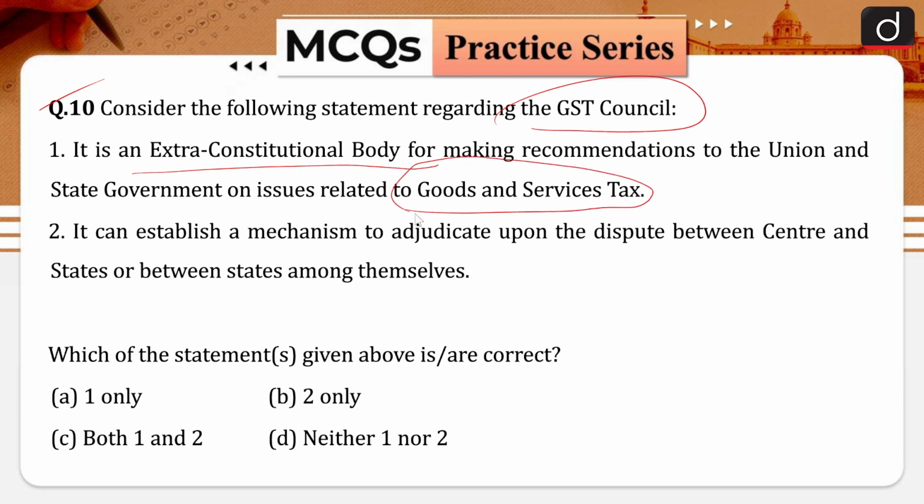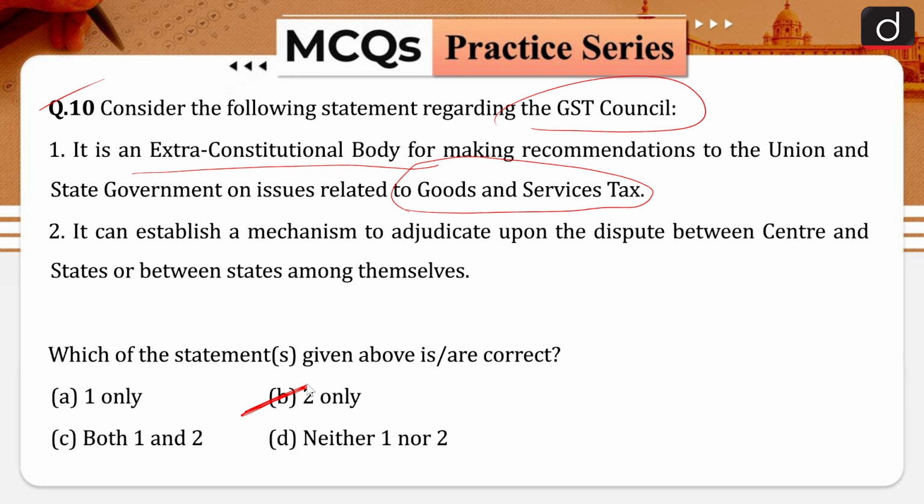Statement number 2 is, it can establish a mechanism to adjudicate upon disputes between the center and states or between states among themselves. So, which of the statements given above is or are correct in nature? Option A, 1 only. Option B, 2 only. Option C, both 1 and 2, and option D, neither 1 nor 2. So the correct answer for this question is going to be option B, 2 only.